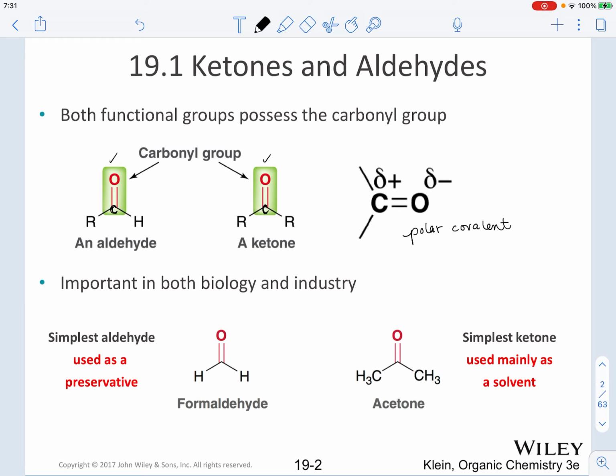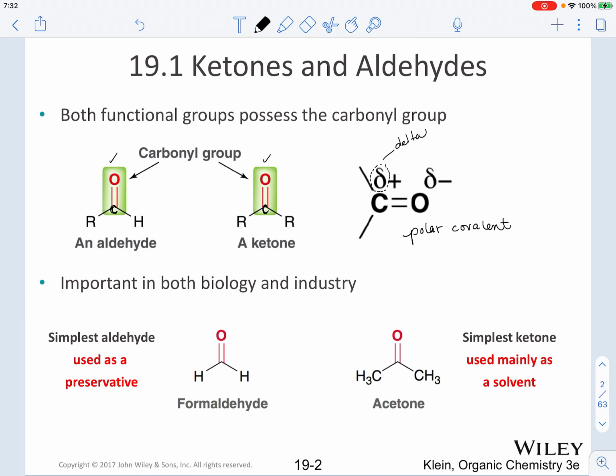Remember that in a polar covalent bond, we can illustrate these electronegativity differences with the symbol delta, which I'm circling at the moment. And delta plus signifies that the carbon atom is electropositive compared to the oxygen atom.